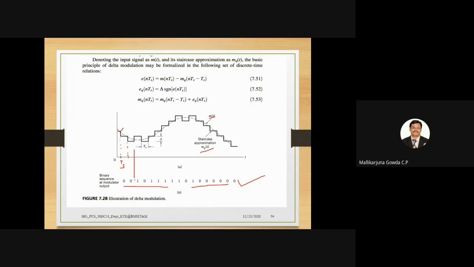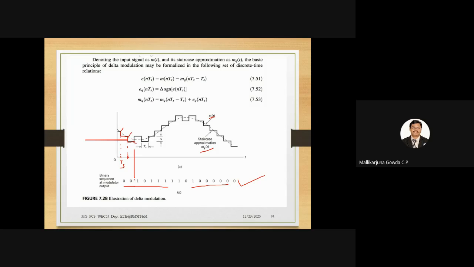For the next Ts, again it is compared with my analog input signal. Even at this point, the staircase approximated signal is still greater than the analog input signal, so again it will be decremented by delta. Next is 3Ts, so it will stay at that level.